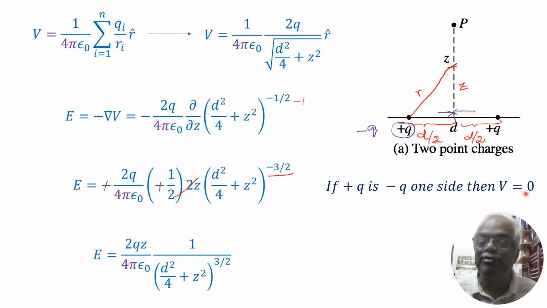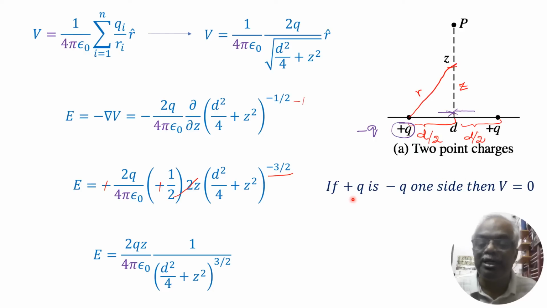So the potential will be equal to 0. However, what about the electric field? We know nothing about the z direction, and we don't know anything about the x direction or y direction. So naturally, we need to know the x and y direction electric field.